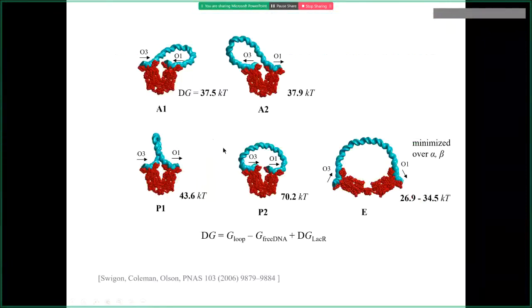So taking all this into account, we've been able to determine the energies of the different types of loops, either for the V-shaped protein or for the flexible protein, and we found that the flexible protein has the smallest energy for the bound DNA.